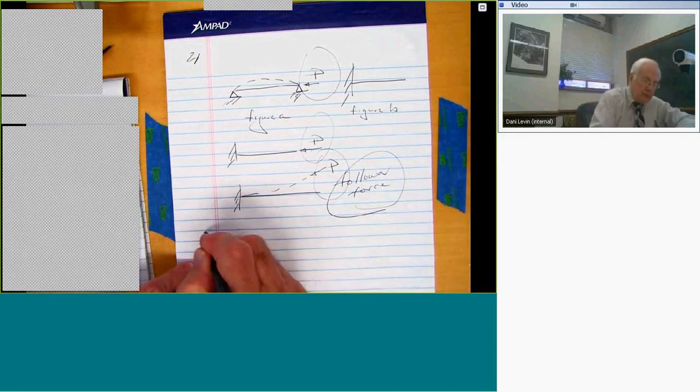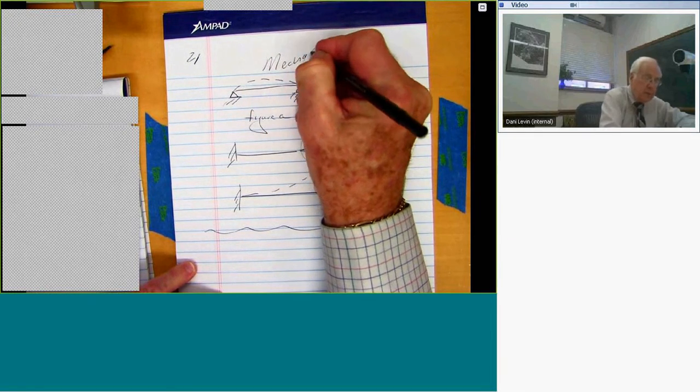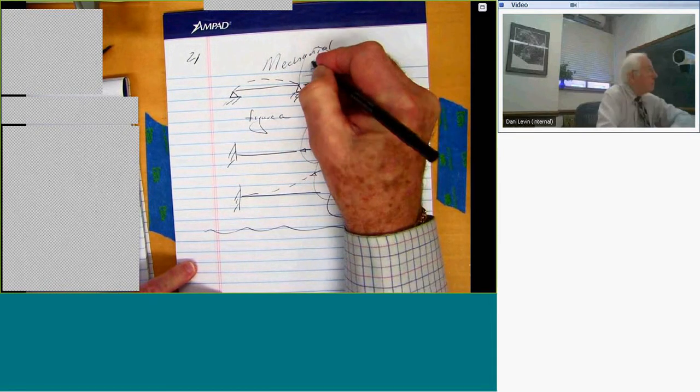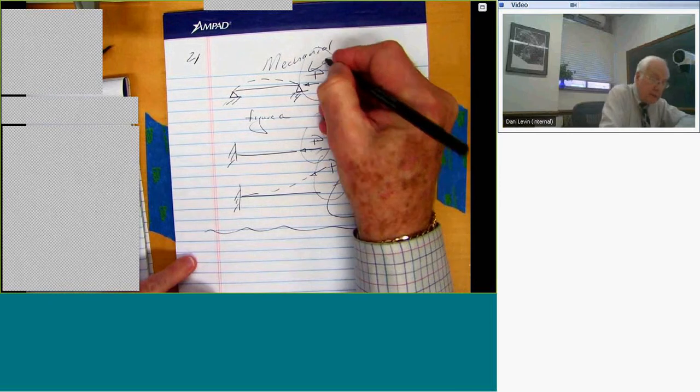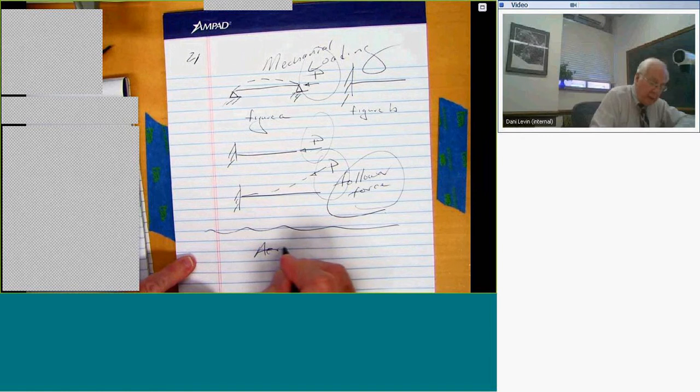Okay. So this is what I'll call mechanical loading. But now let's look at what happens with aerodynamic loading.